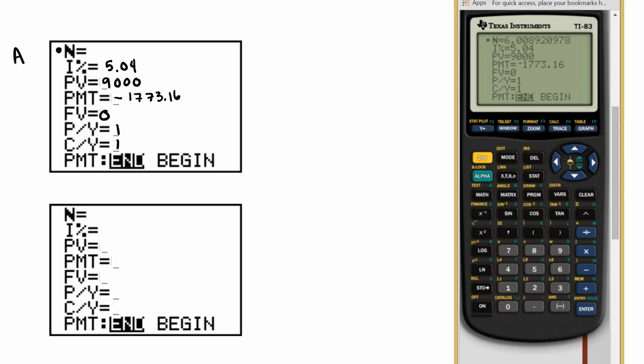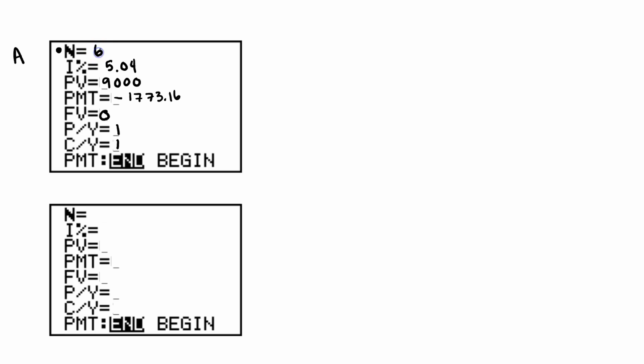So it is 6.008920978. So it's basically 6 years. I'm going to put in the whole value just so that we can compare later.